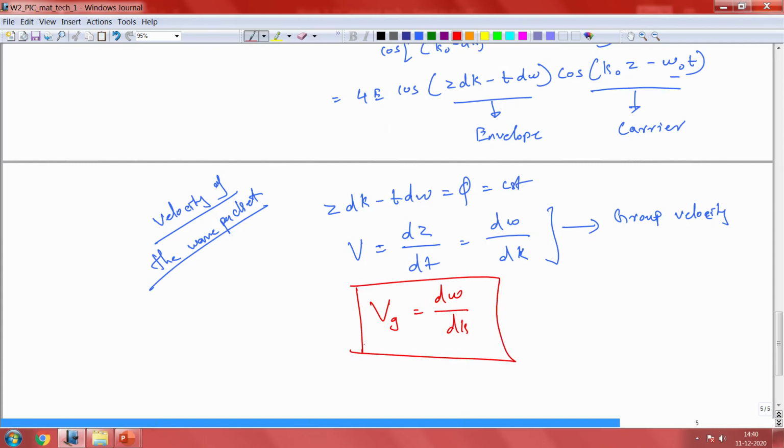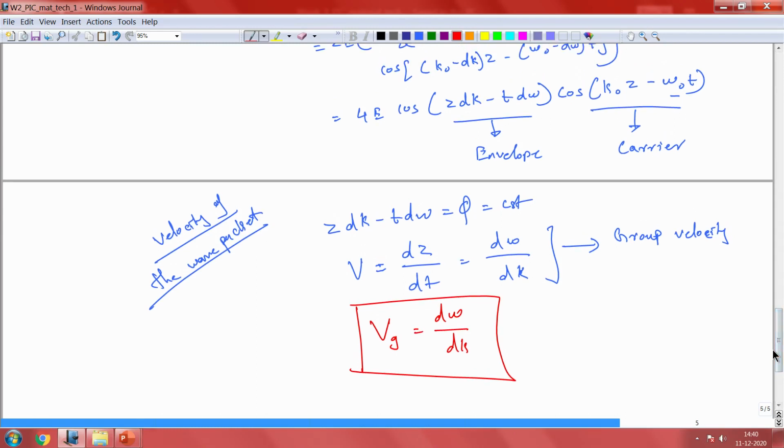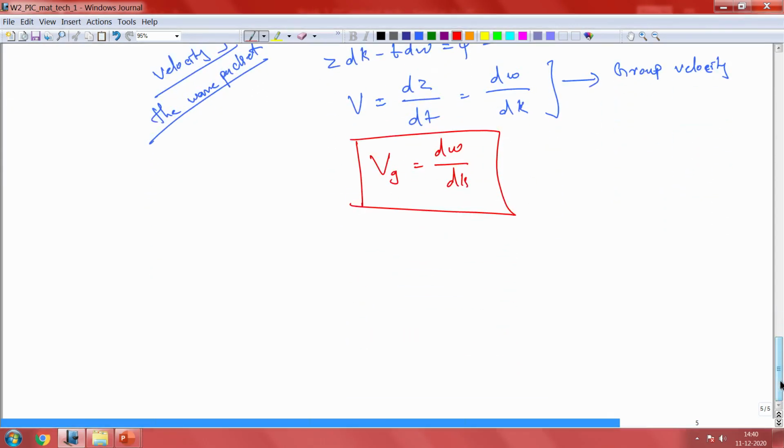So, z over t is what you have, and the velocity here is represented this way. The phase velocity and group velocity are both velocities, but the phase velocity represents a single wave, while the group velocity represents a group of waves. This is how a group of waves moves, which may or may not be equal to the phase velocity.